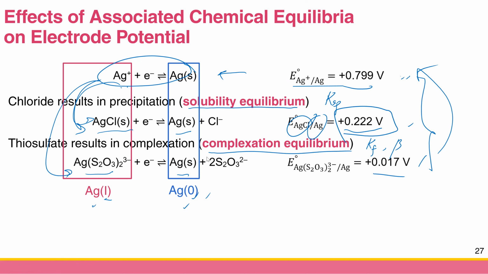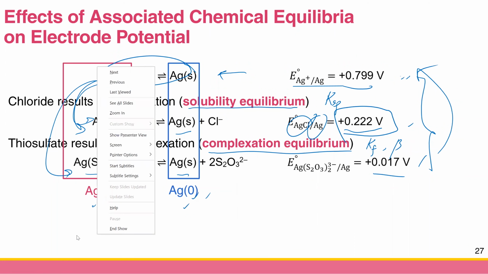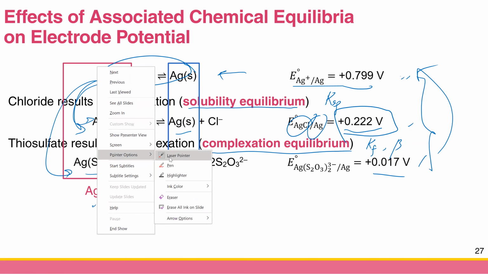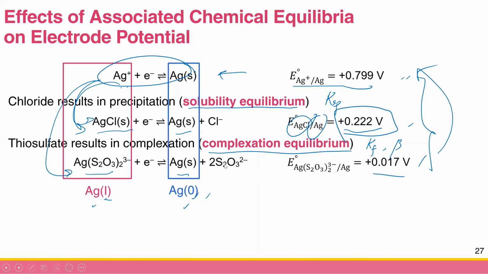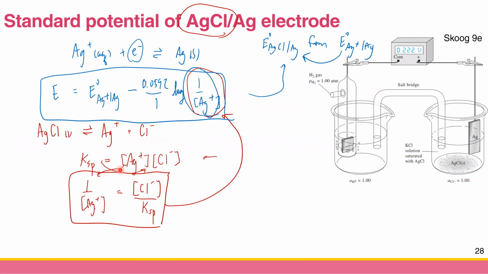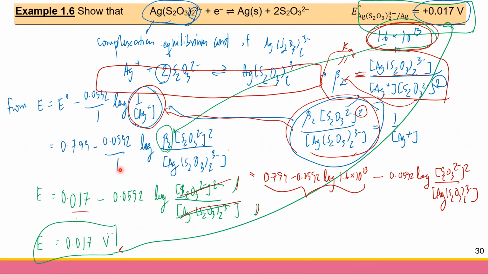But if your system has other chemical species that can give you other reactions, like solubility equilibrium or complexation equilibrium, then it will change the electrode potential that you can read. So to summarize, if you have associated chemical equilibria, it will affect your electrode potential. That's the main idea. And sometimes we know all the reactions, so we can write or derive something like this.